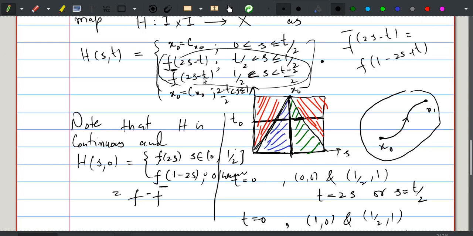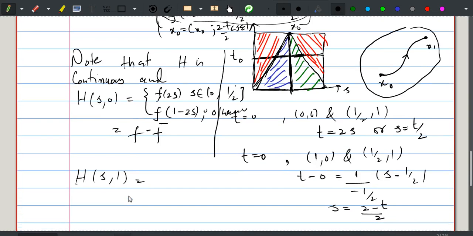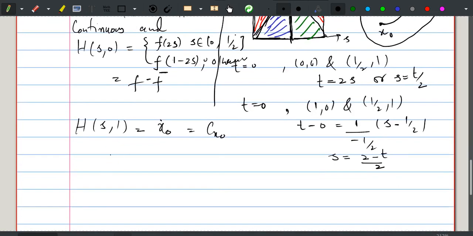So these are two points, and at these two points we just get the value x naught. So h of s, 1 is just x naught, which is c of x naught. So this proves that f dot f bar is homotopic to c of x naught.